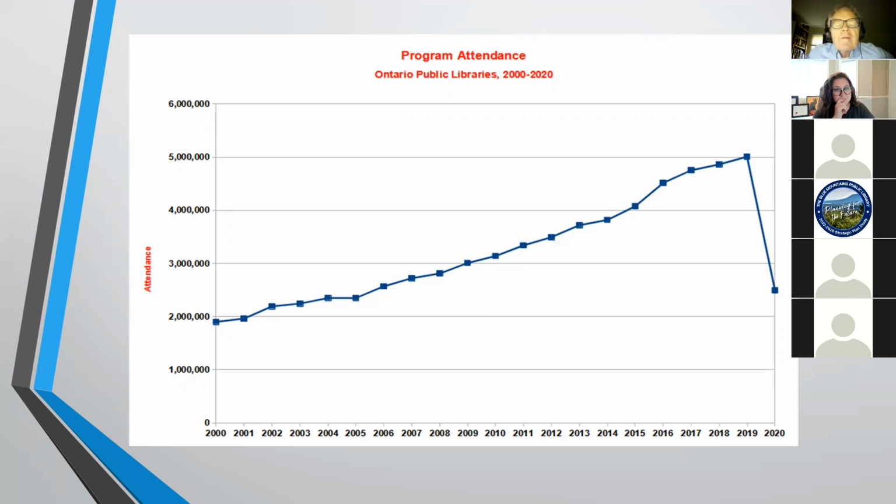Now, one of the things that the last reports have celebrated is, we kind of have a conundrum. In general, there are fewer people that have cards that are called active card holders, as the ministry terms them, and so we have these things like searches per capita going down.